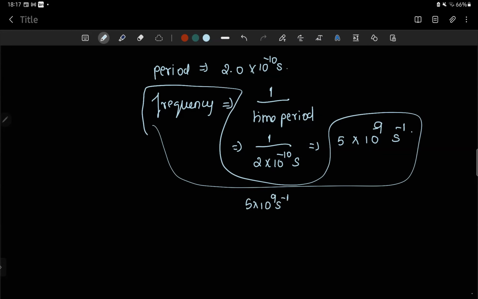Now we can easily find the wavelength and the wave number. Let's see, find the wavelength. We got the frequency, now you need to calculate the wavelength. Frequency is 5 into 10 to the power 9 second inverse. What formula will you apply? C by nu. Yes, lambda is equal to C by nu.